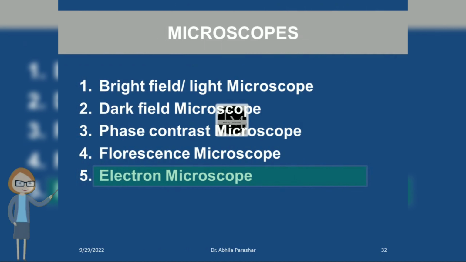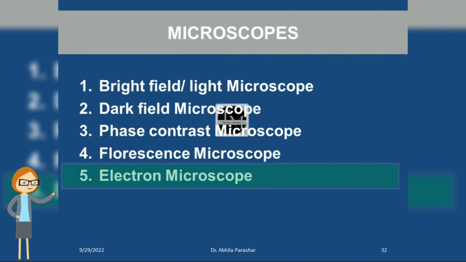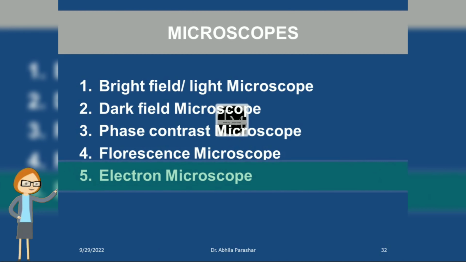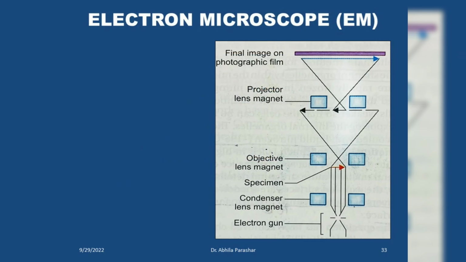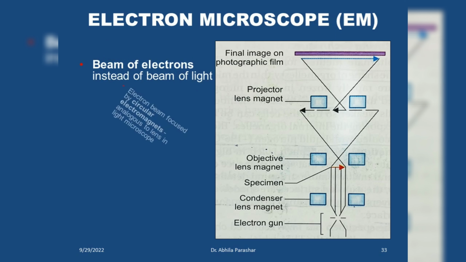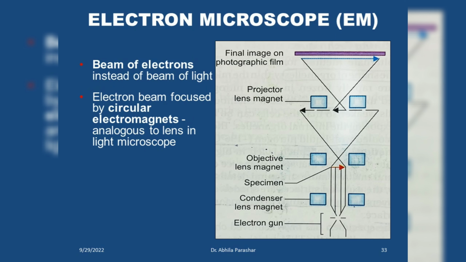The last microscope is the electron microscope, and this is a non-light microscope. As the image shows, a beam of electrons is used instead of a beam of light. So here there is no light, and circular electromagnets are used.